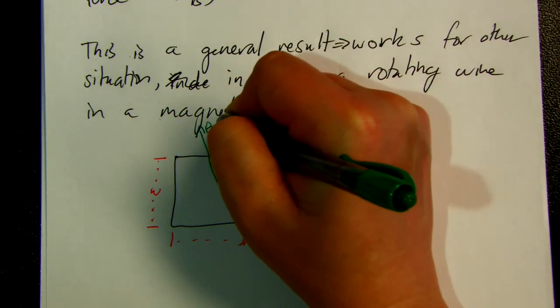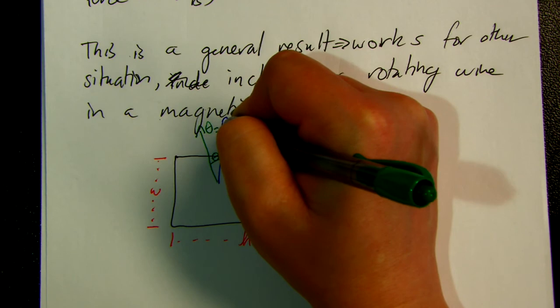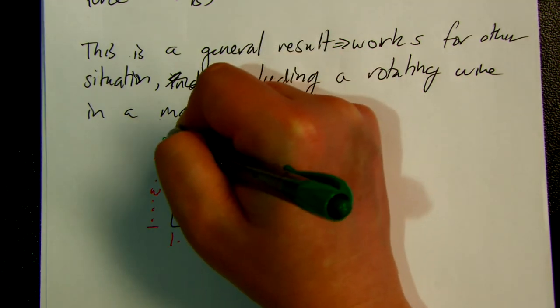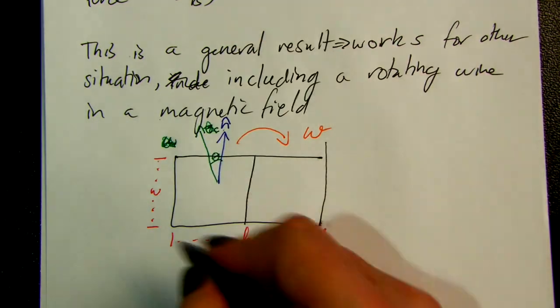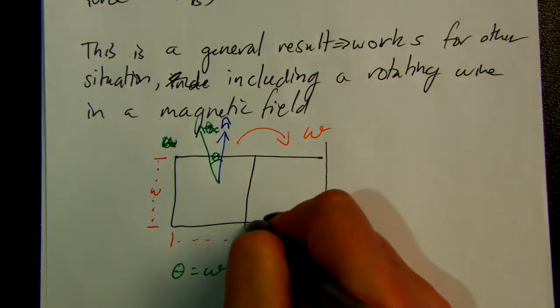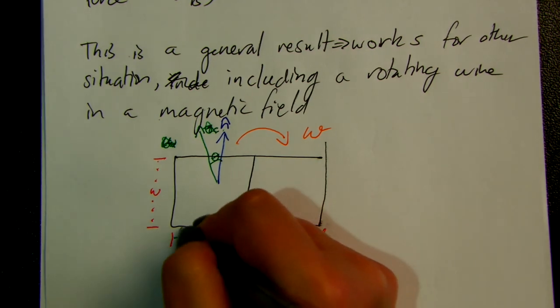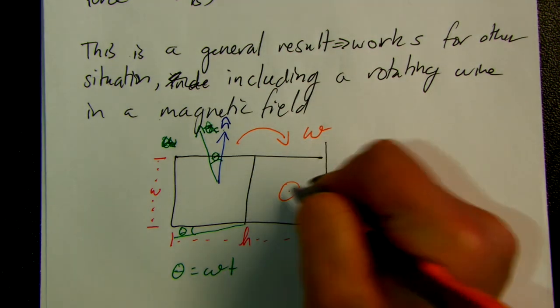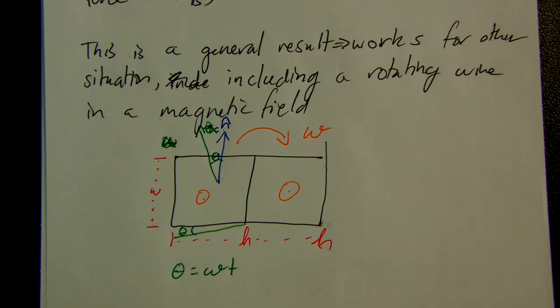So theta is equal to omega t. You also have theta right here. And then, of course, this is all rotating in some magnetic field.